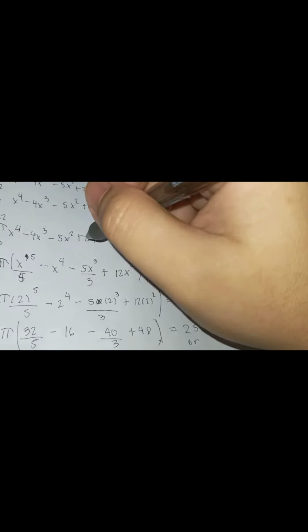For x to the 4th power it will become x to the 5th over 5 minus x to the 4th minus 5x cubed over 3 plus 12x squared, with the limits from 0 to 2. Then I just substitute 2 here, and you no longer need to substitute 0 since it's obvious everything will become 0.